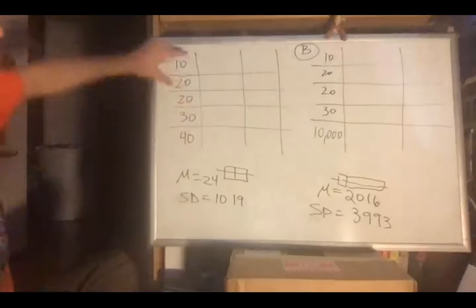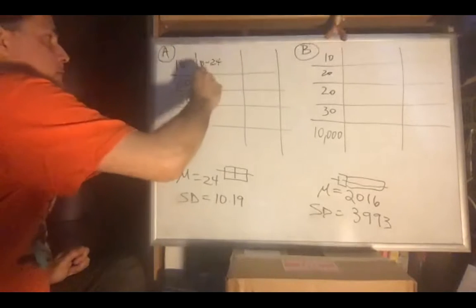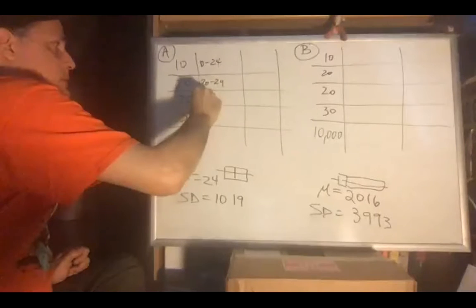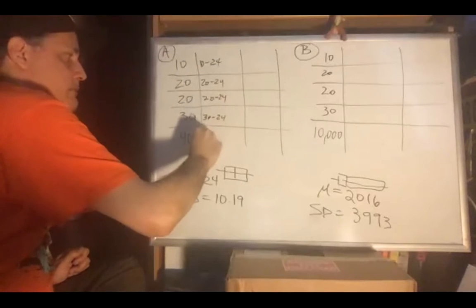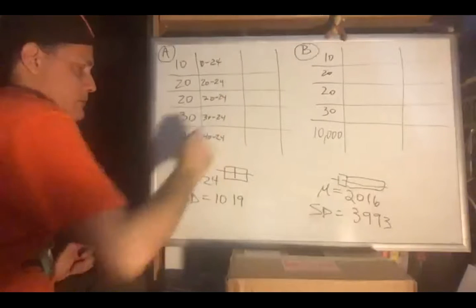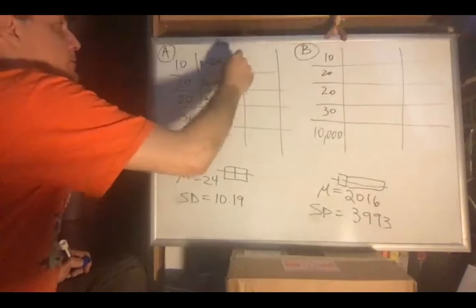All right, so what you want to do is subtract each data value from the mean. So 10 minus 24, 20 minus 24, 20 minus 24, 30 minus 24, and 40 minus 24. Now, some of these are going to be negative, and some of these are going to be positive.